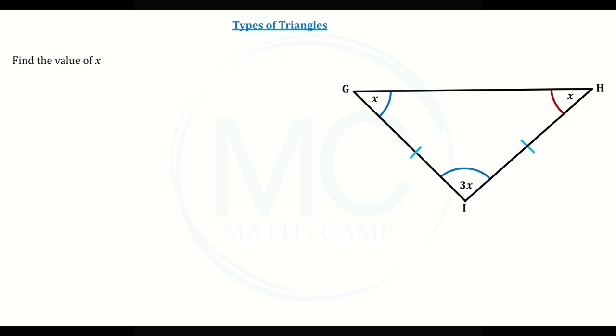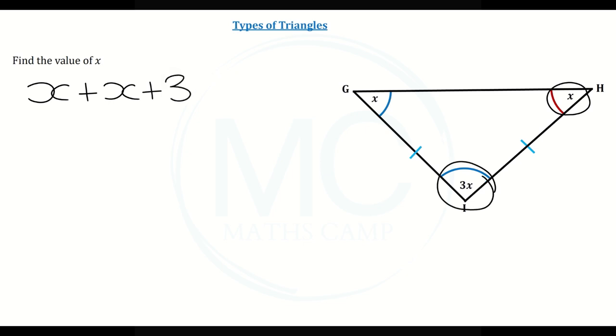Now we can add up our interior angles. So we have x plus x for angle H plus 3x for angle I. And we know this will be equal to 180 degrees.